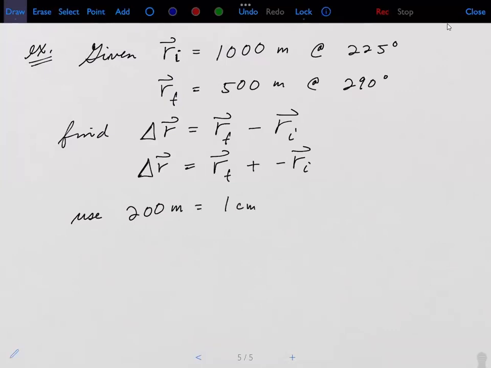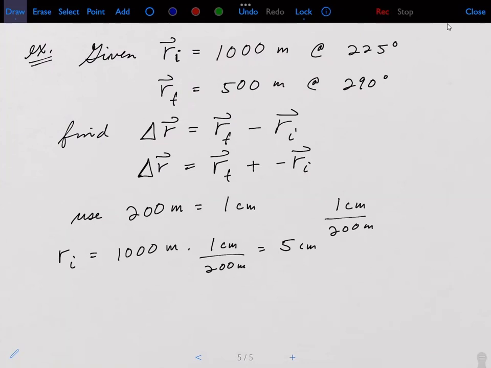Right, that's our unit conversion factor. So our initial for the magnitude, it was 1,000 meters. I want to multiply by 1 centimeter over 200 meters, and that will give me 5 centimeters.